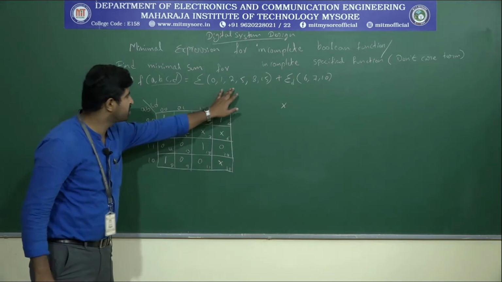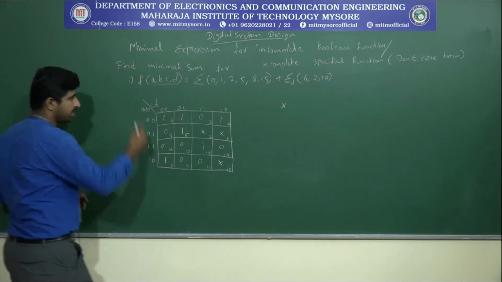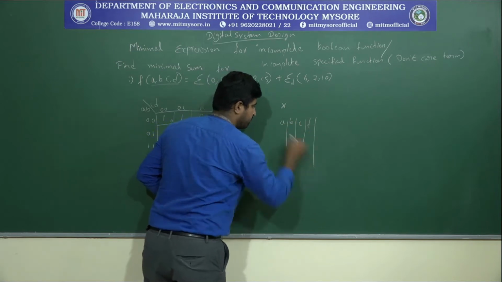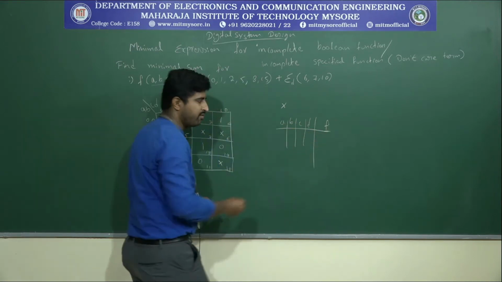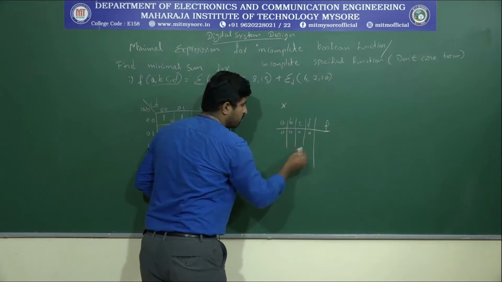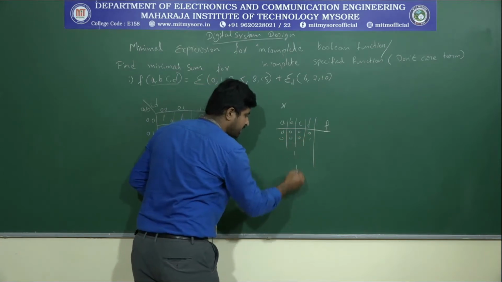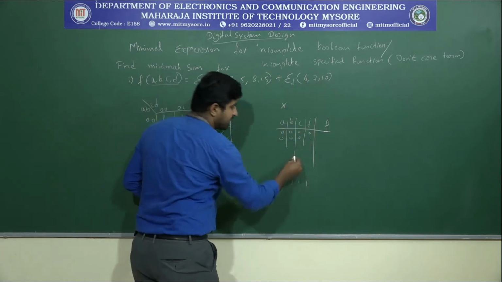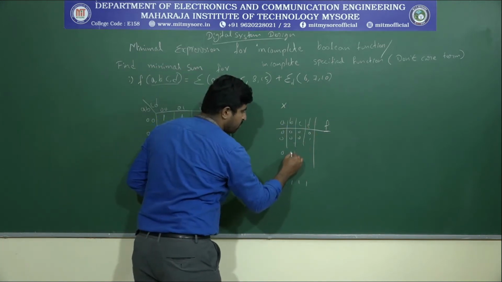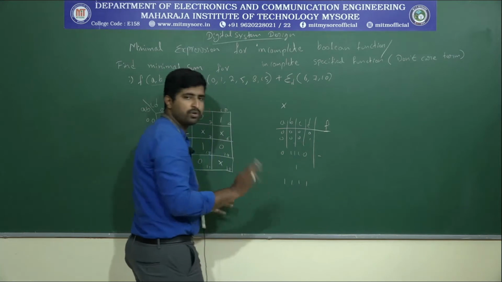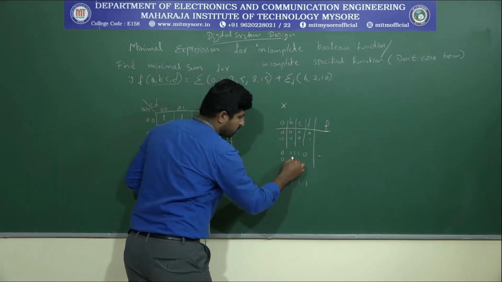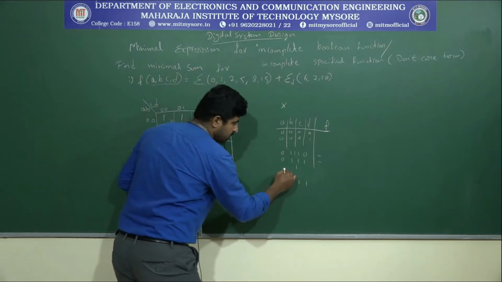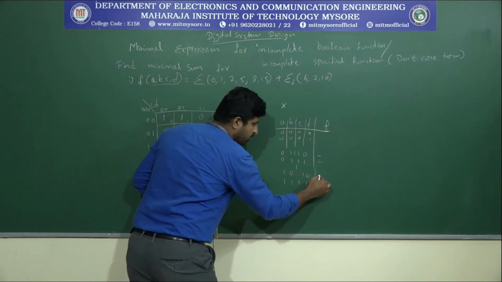What does this mean? In a 4 variable K map A, B, C, D, if you write the function for 0, 0, 0, 0, 0, 0, 0, 1, and so on up to 15, for 6, 7 and 10, that is 0, 1, 1, 0, 0, 1, 1, 1 and 1, 0, 1, 0, we don't have any output written.